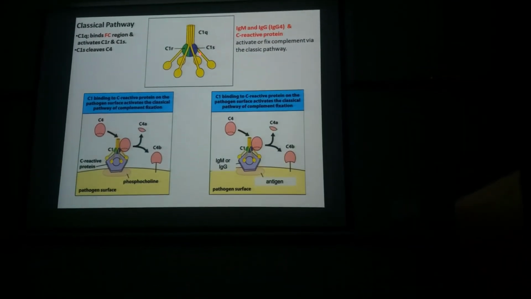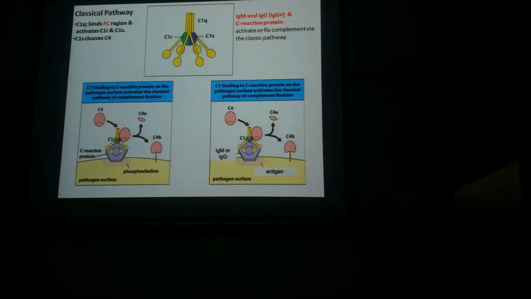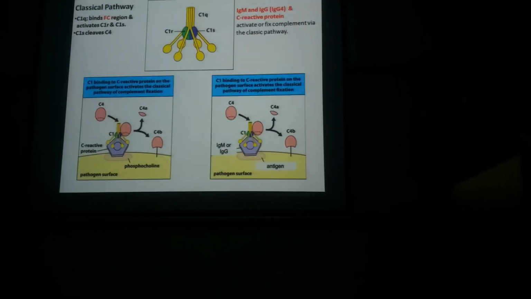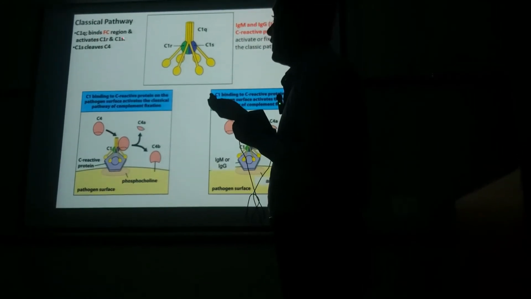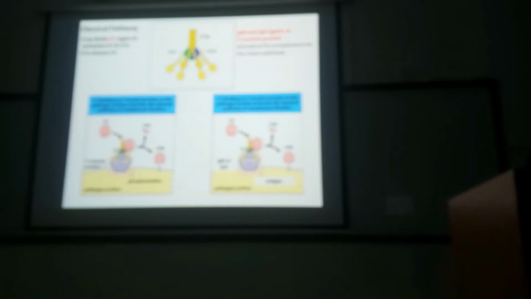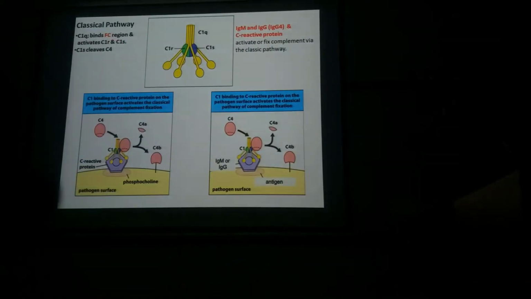So complement 1 is a combination of these smaller peptides or smaller portions. C1Q, this part binds to the FC region. FC region, where is the FC region? In immunoglobulins. Okay, so it binds the FC region and activates C1R and C1S.